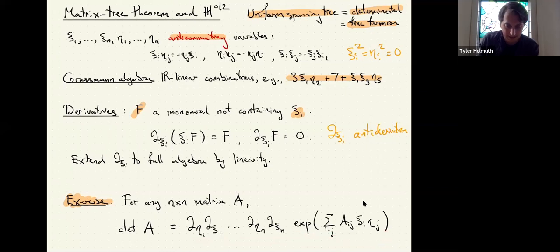So what does that mean exactly? Because before we had these finite linear combinations, and now I've all of a sudden introduced an exponential function. What I mean is that you Taylor expand. When you Taylor expand the exponential, you just get a sum of powers of the argument. And that's going to truncate at some finite order, because if you ever take 2 xi i's or 2 eta i's, you get 0.